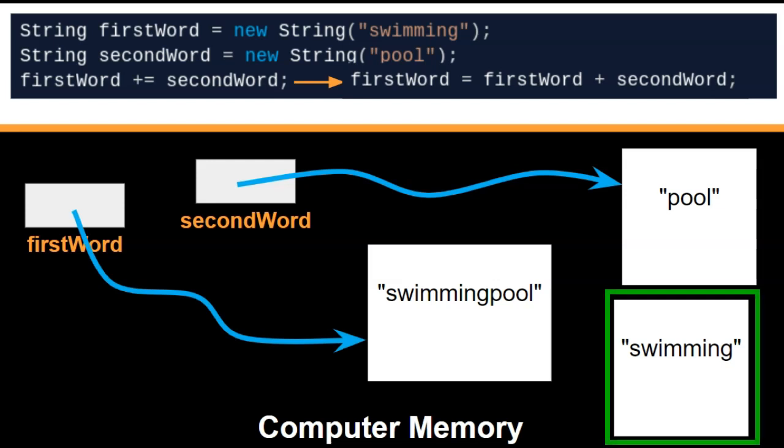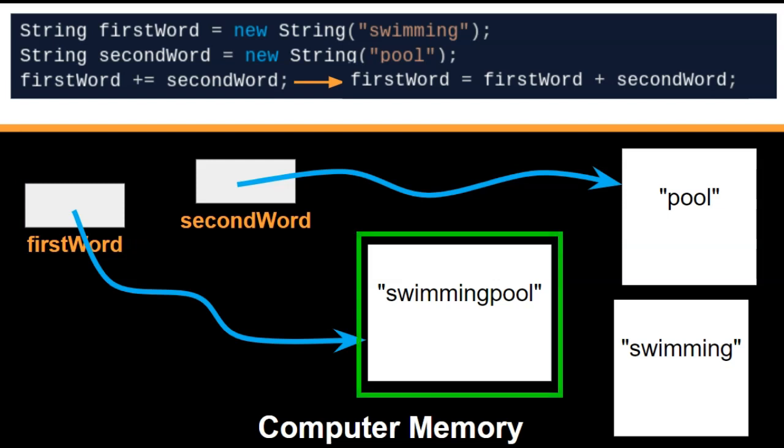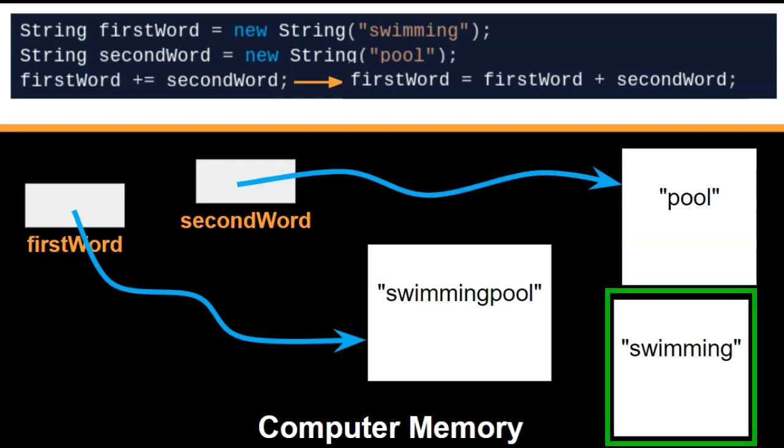Notice that although first word's original string object didn't change, it's immutable after all, the address stored in first word did change. First word now contains the address to the newly created string object. Also notice that first word's original string object is now no longer accessible because it doesn't have a reference variable associated with it, and all object access occurs through reference variables.